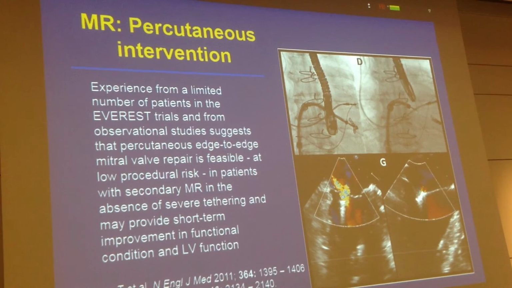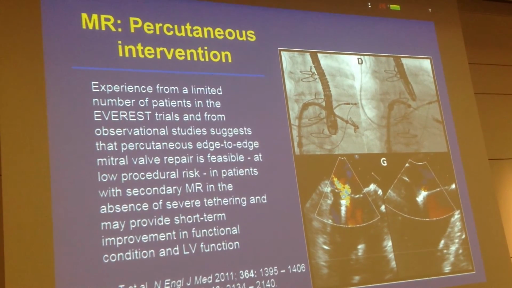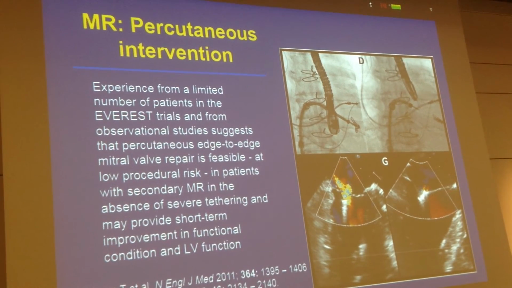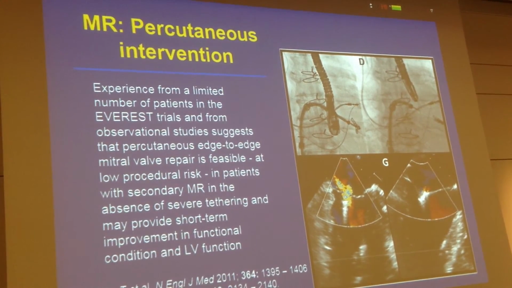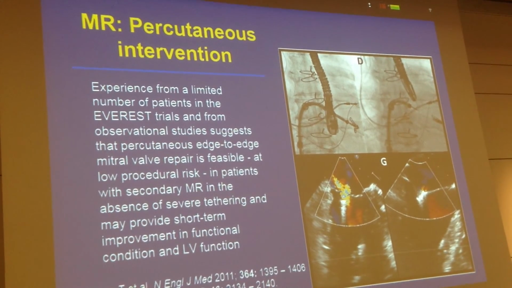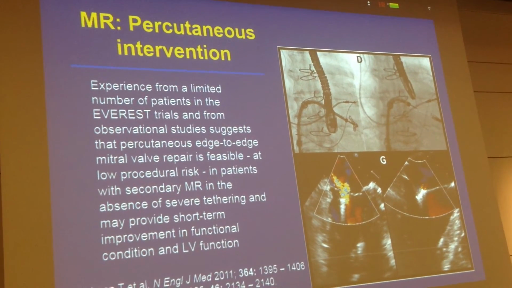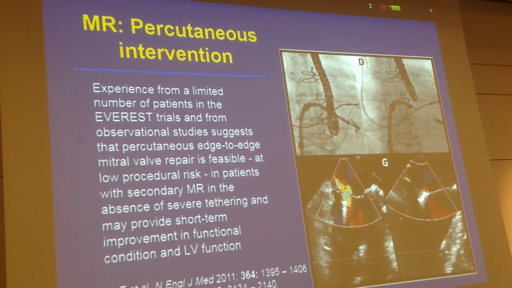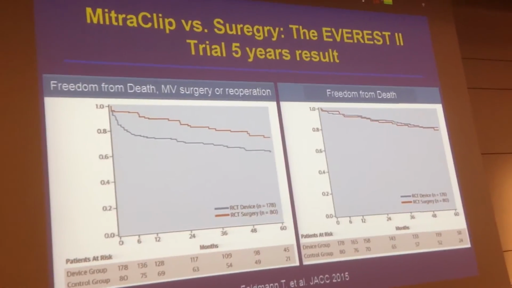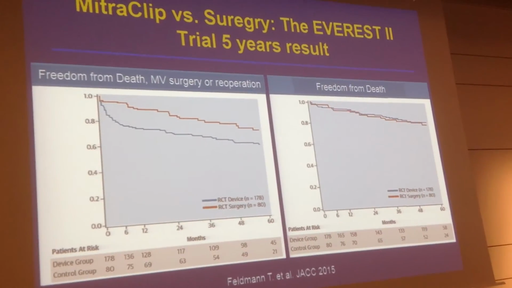Also here, the transcatheter repair of the mitral valve is becoming more and more popular. In recent years there is the possibility to wrap the mitral leaflets together with a mitral clip, for example, and significantly decrease the regurgitation fraction of this patient. In a large study conducted over 5 years, we now have the results available.